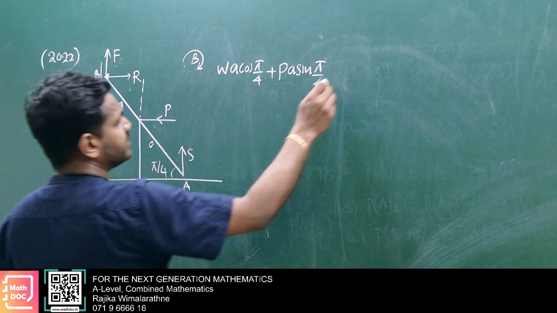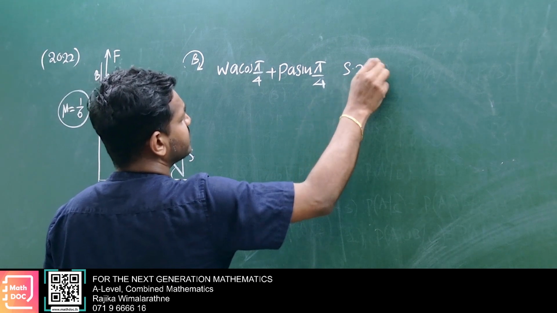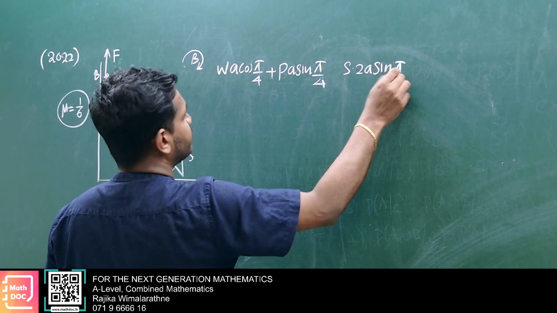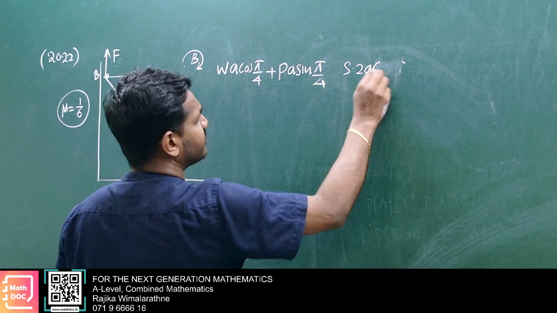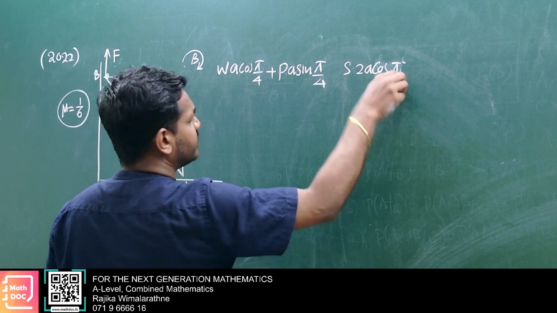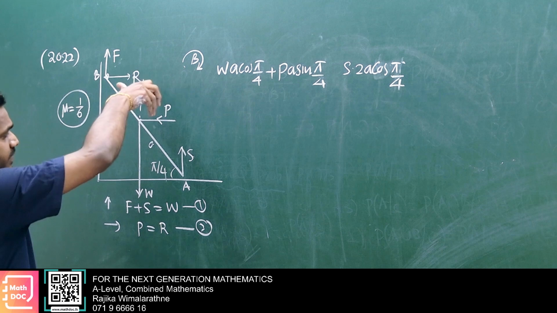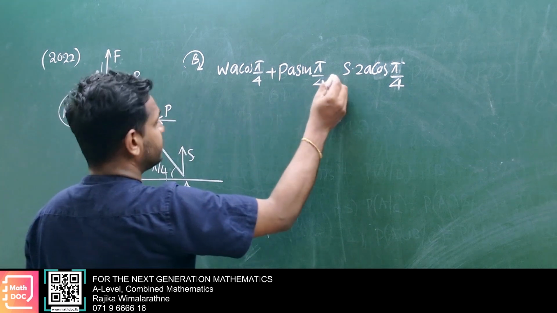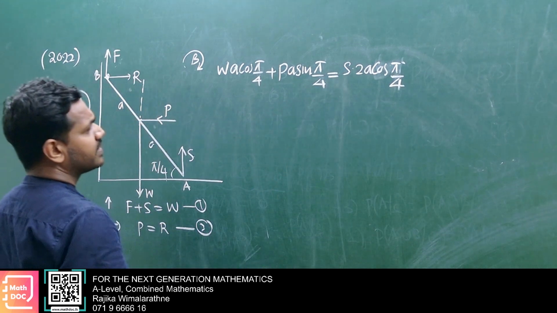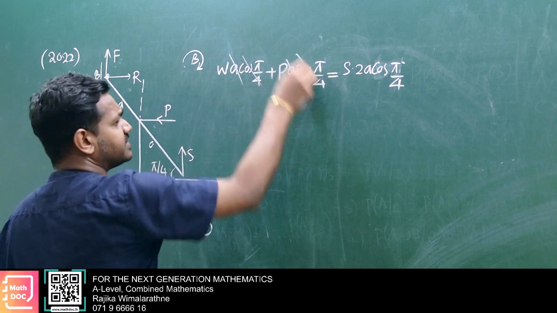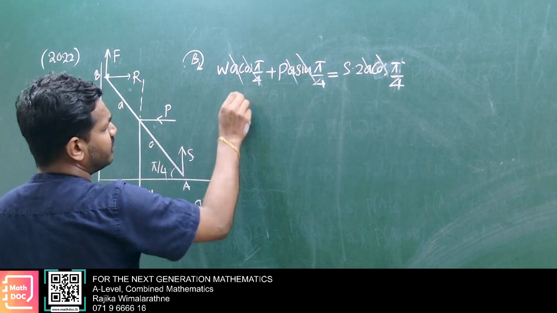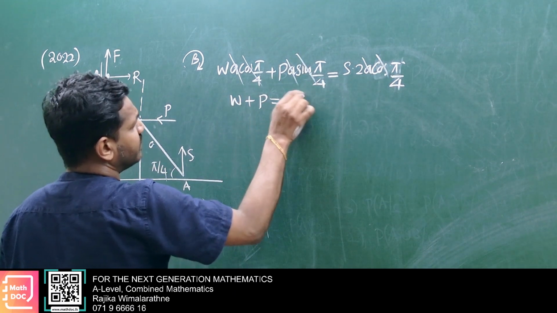Here S times 2a cos pi over 4, because angle 45, no? Then P positive, W positive, S negative. Then put equal. Then a cos pi over 4, you can cancel. Then W plus P equal to 2S.